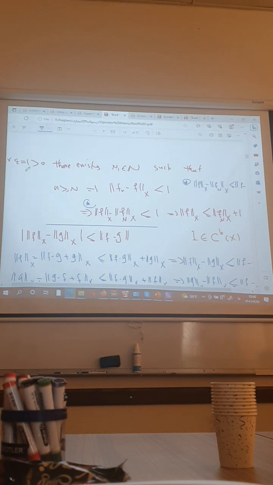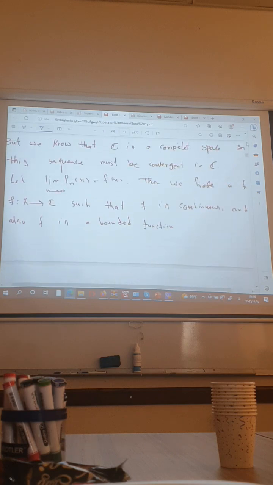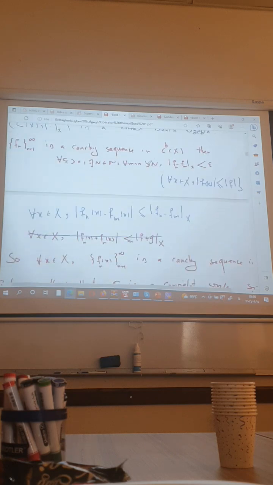For boundedness, let epsilon equal to 1. This is a non-negative element, so there exists n1, because we assume that this sequence is Cauchy. You have this property for any epsilon.